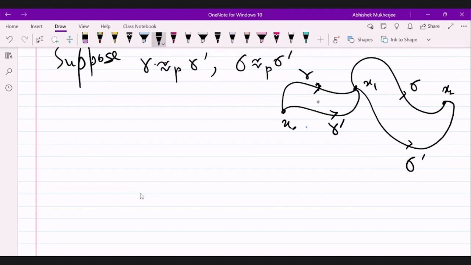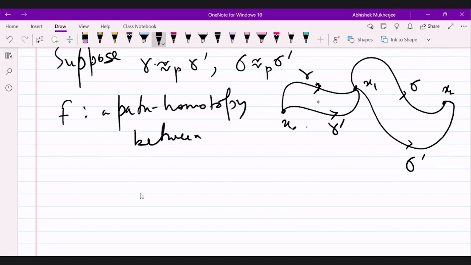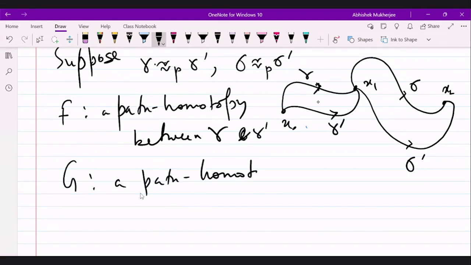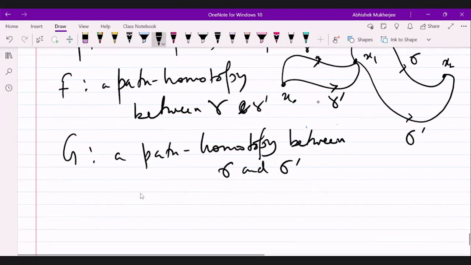Okay. So that means you can define two path homotopies. So suppose F be a path homotopy between gamma and gamma dashed, and G be a path homotopy between sigma and sigma dashed, right?